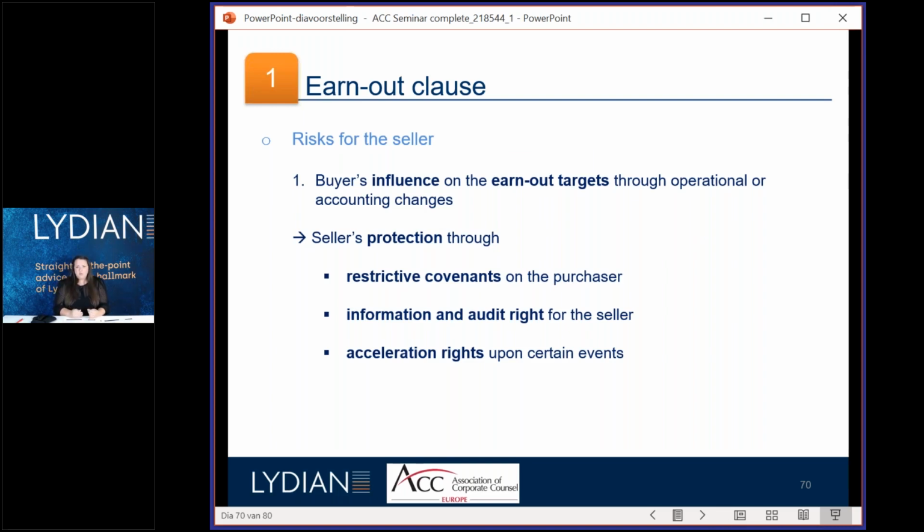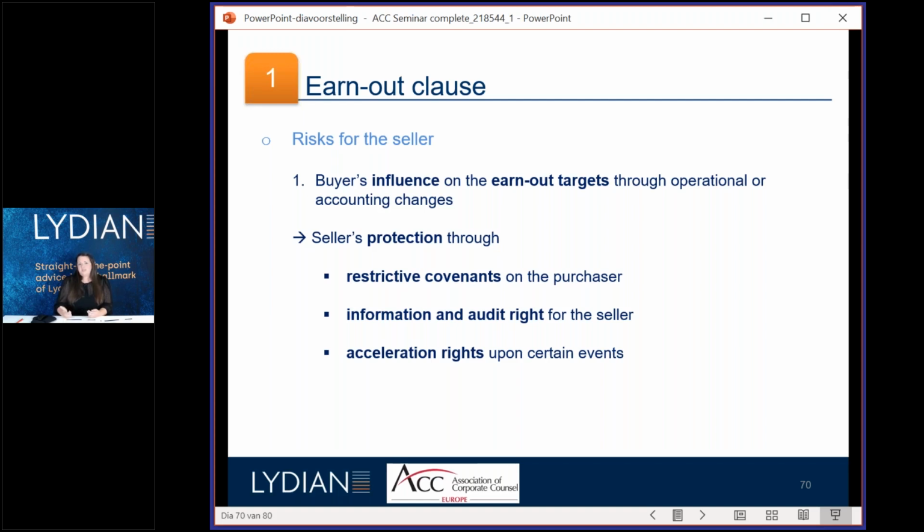So the clause will usually include a protection mechanism for the seller, such as restrictive covenants on the purchaser. So providing, for example, that the purchaser has to run the business in the ordinary course consistent with past practices. The clause can also give information and audit rights to the seller so that he receives on a regular basis the financial statements of the company, that he can follow up on it.